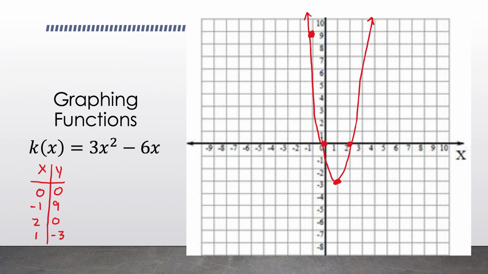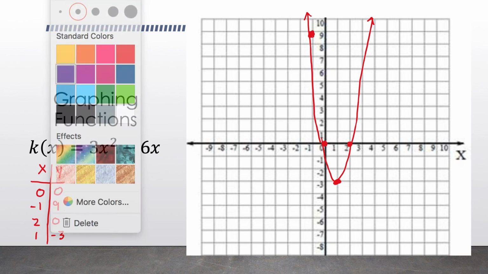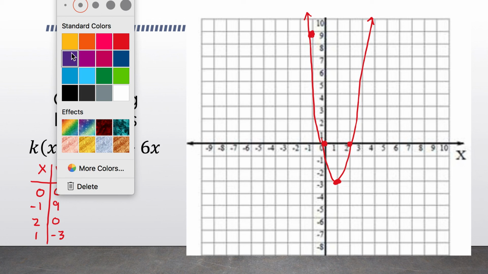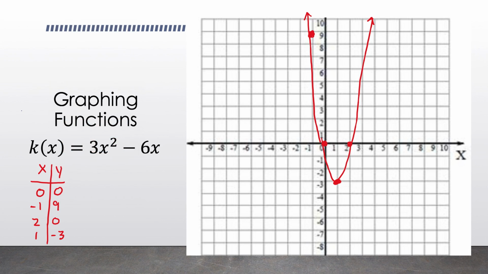I also want to give you one additional hint that you can use when you're graphing. If your function has a square in it, then the graph should be a parabola.